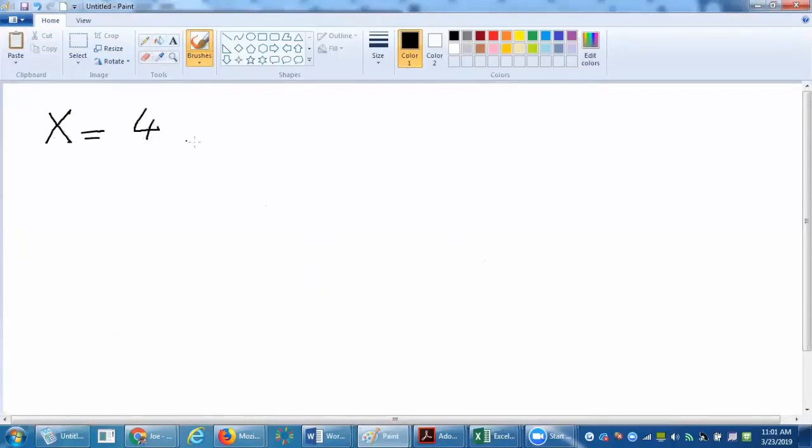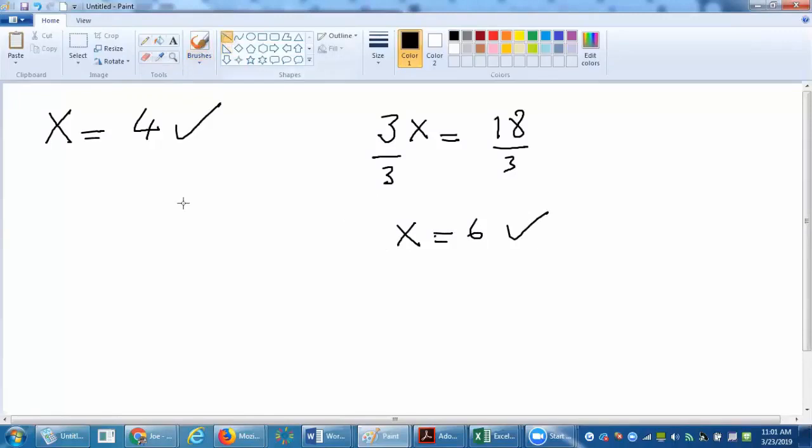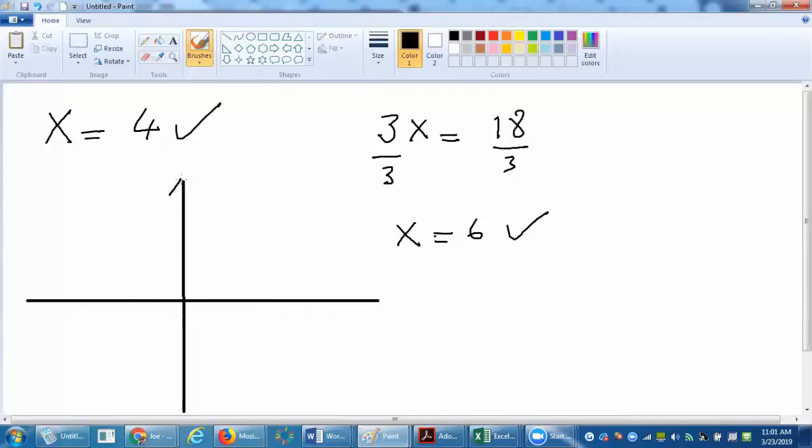So if we are given graph the line x equals 4, or they tell you graph the line 3x equals 18, here you have to divide both sides by 3, and this will bring you to x equals 6. So anytime you see x equals 4, x equals 6, right away, this is a vertical line. Let's try to plot this line. So x equals 4 or x equals 6 or x equals -5 is a vertical line.